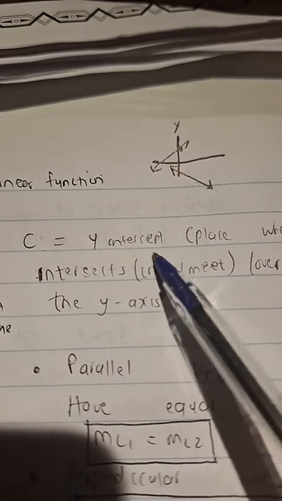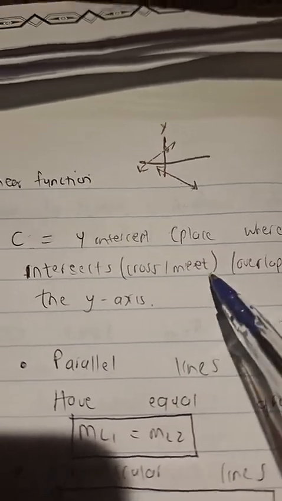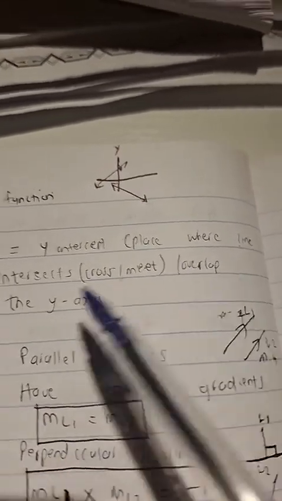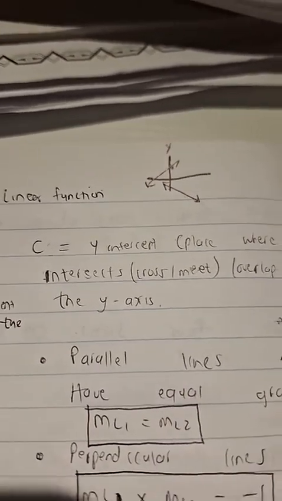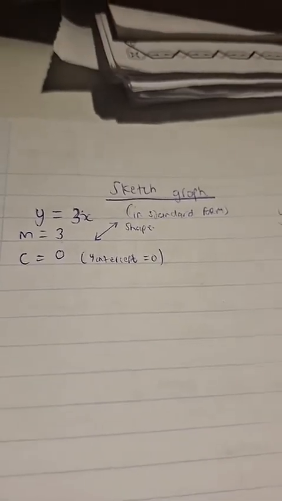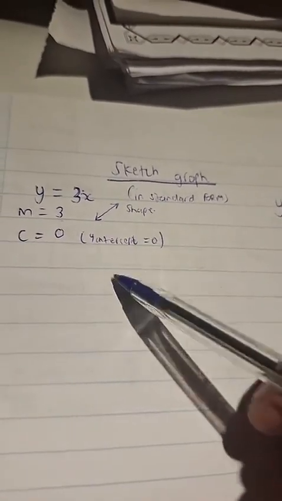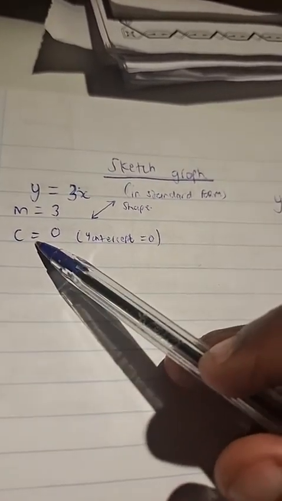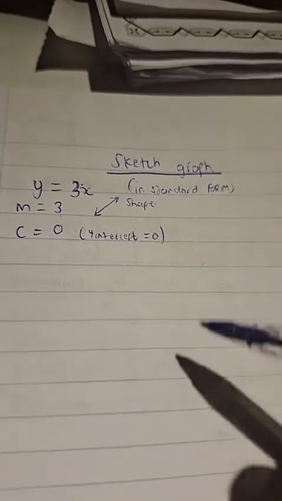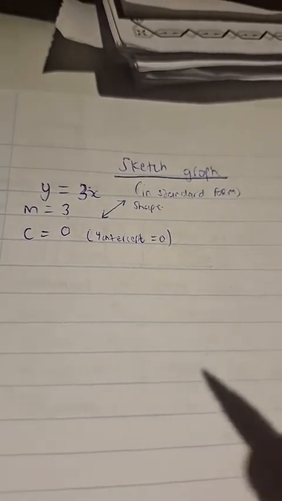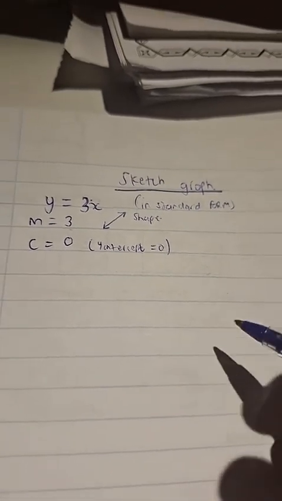It means that's where the line crosses, meets, overlaps our y-axis. So this straight line will overlap the y-axis where c is equal to 0. And that's very, very important.